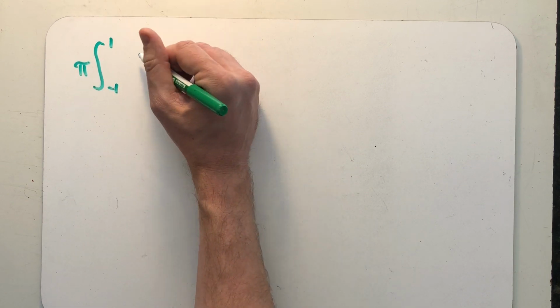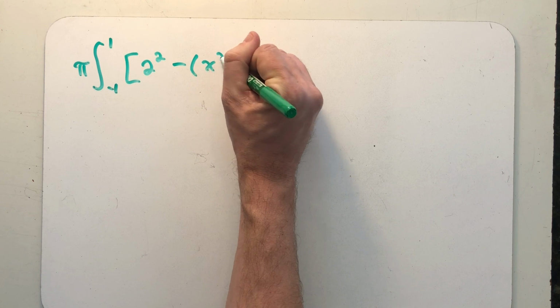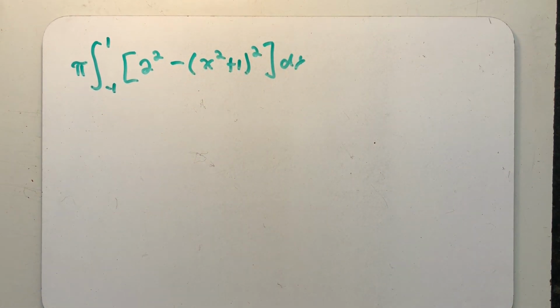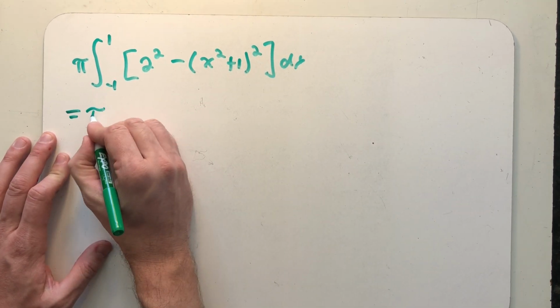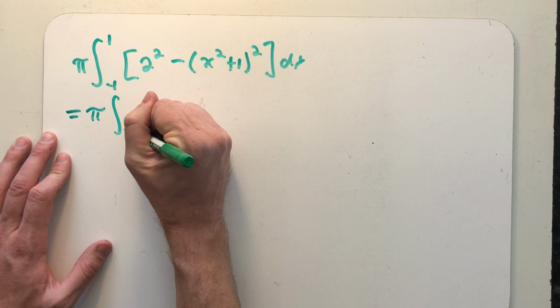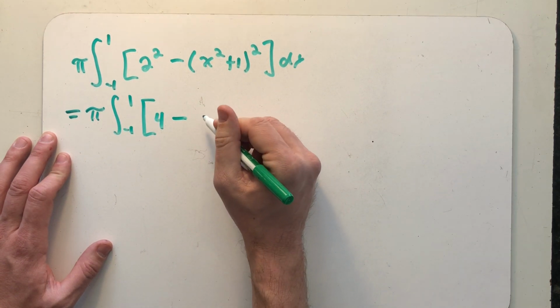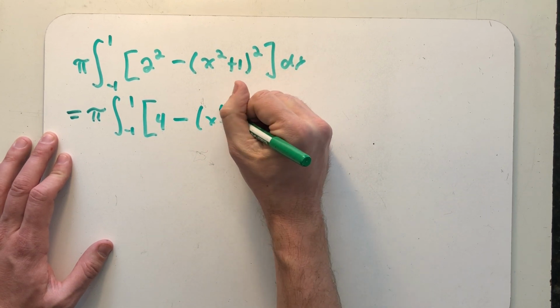Go on and write that pi out front. All right. Go on and multiply this out.